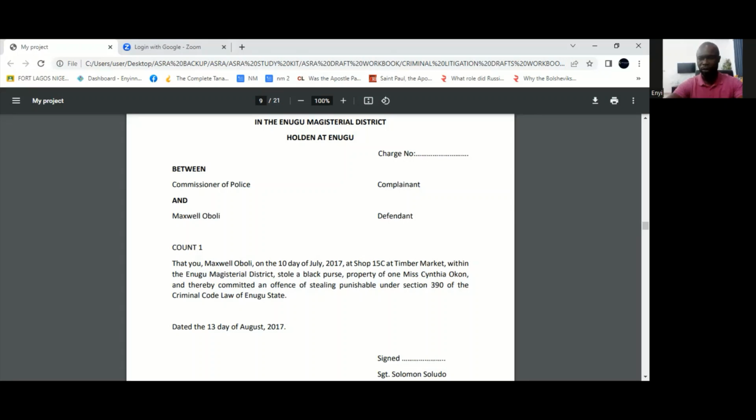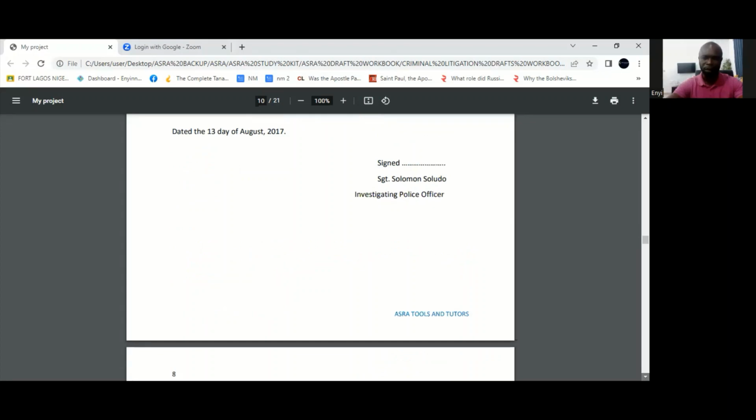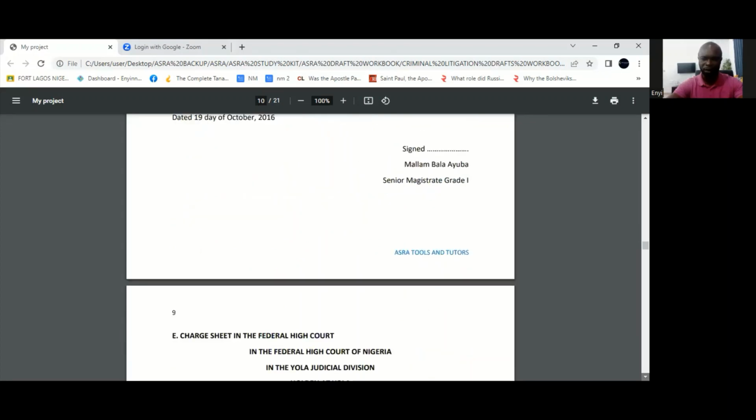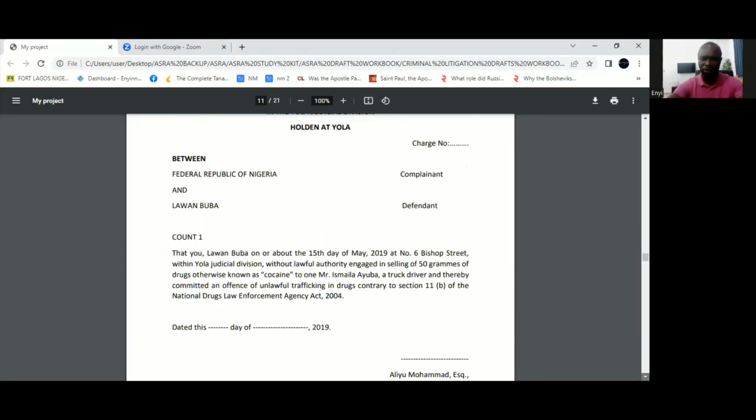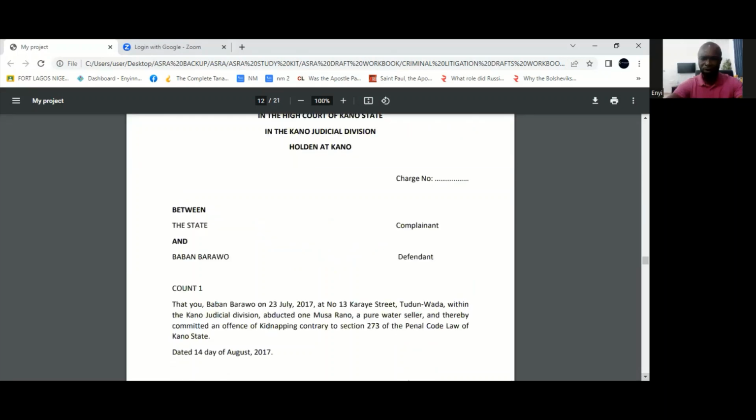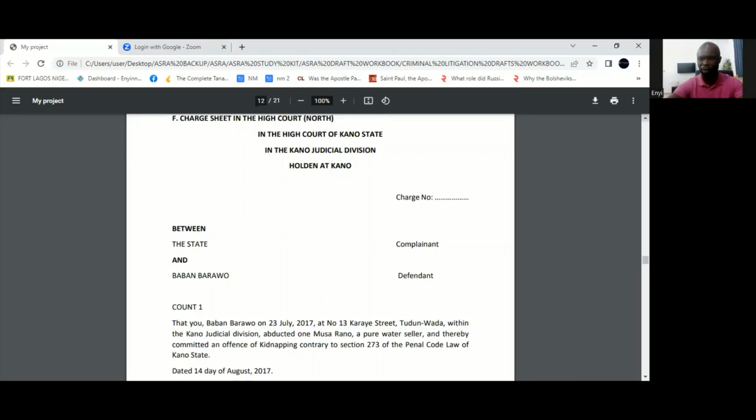It's one paragraph essentially. Now, if you look at the draft in the High Courts in the North, you see that it is exactly the same structure, just like you have in the magistrate in the South. It's also just one paragraph containing the substance of the charge against the accused person.